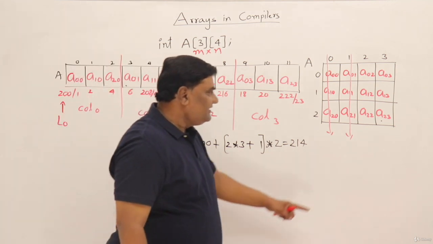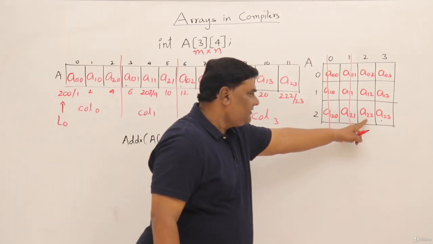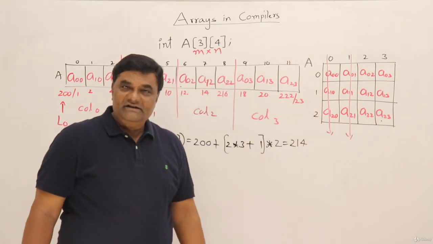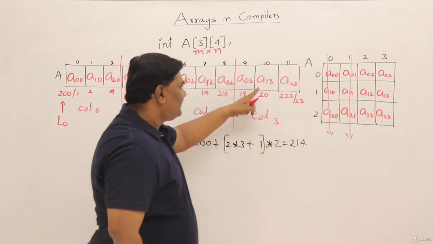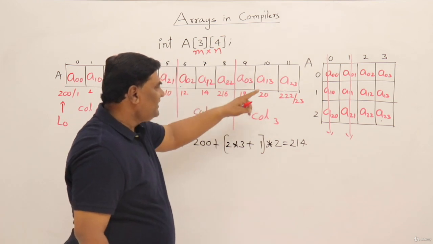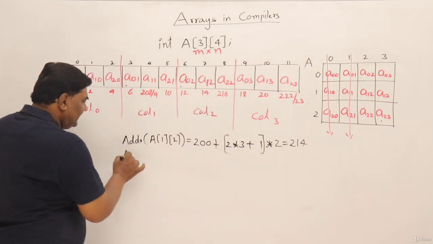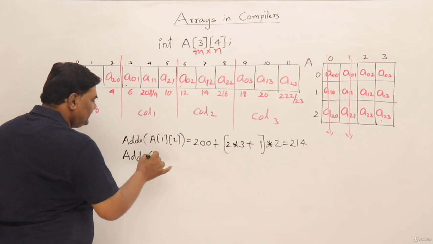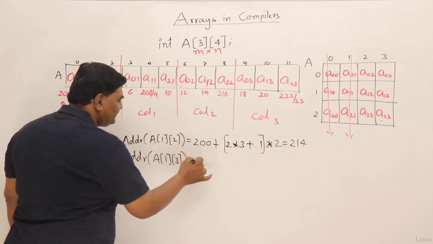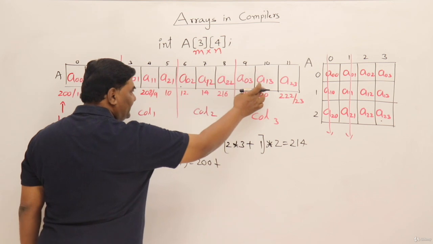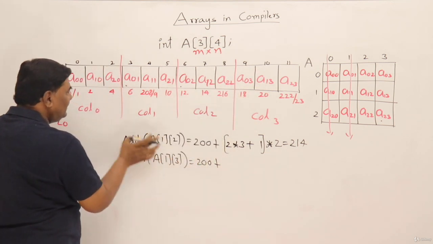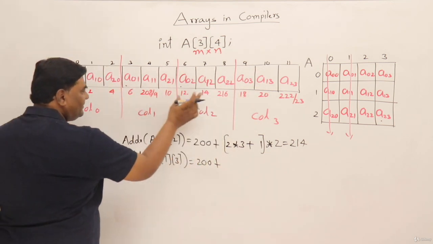Now let us take one more element, that is A[1][3]. 1 comma 3 is here. How do we get the address of that one? The address of A[1][3] is 200 plus... Now I have to skip how many columns? I should go to the fourth column, so skip the 0th column, first column and second column.